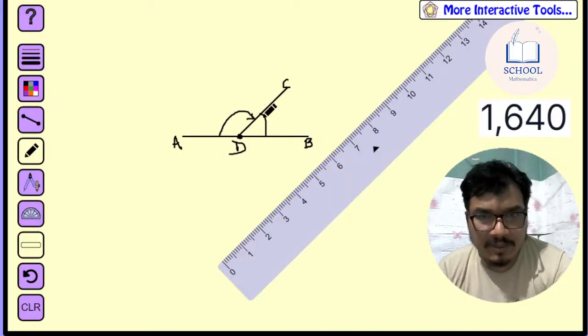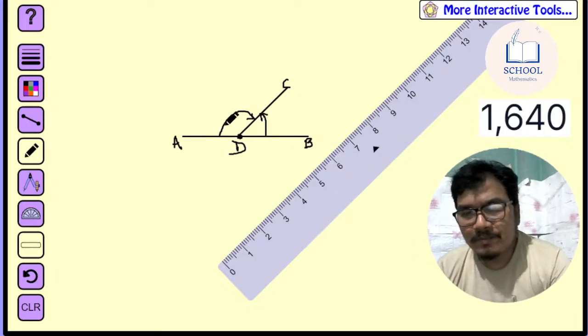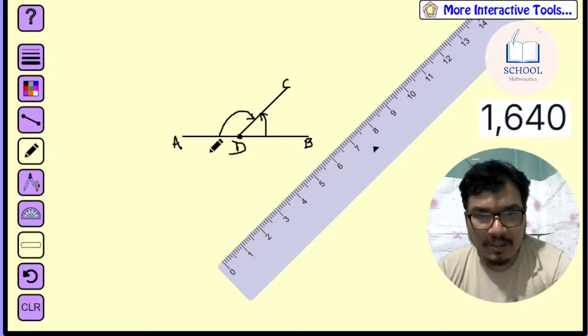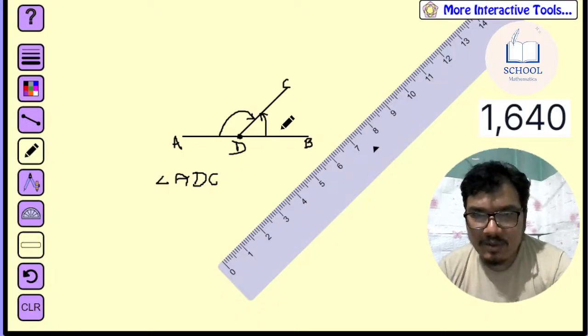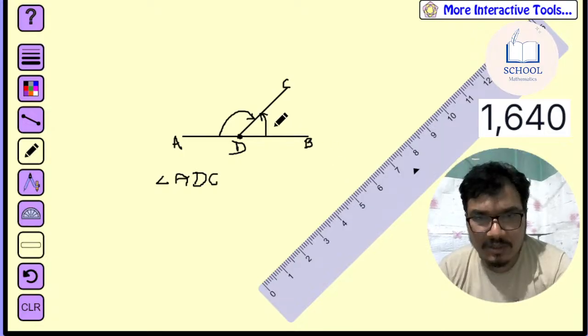These two angles are formed here, and for these two angles you can see here its name is angle ADC. We can put the name here like this, angle ADC. And another angle, its name is CDB, okay, angle CDB.